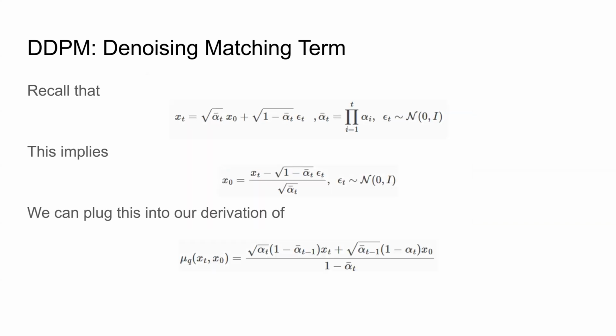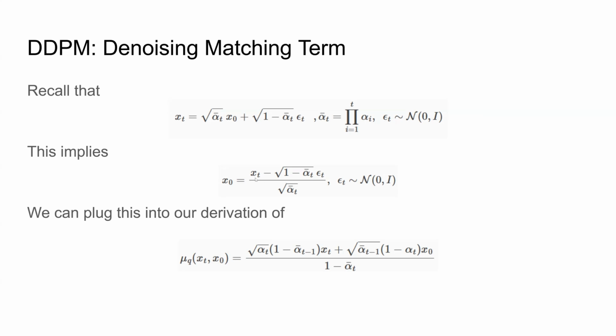Yes. And recall that we have this nice property where you can get the noisy input data at any time step by directly sampling a noise and multiplying it by some constants and the input data, right? So you can rearrange this equation to get this equation, which tells you that you can always approximate the input data at any time given the random noise that is used to generate the current noisy data.